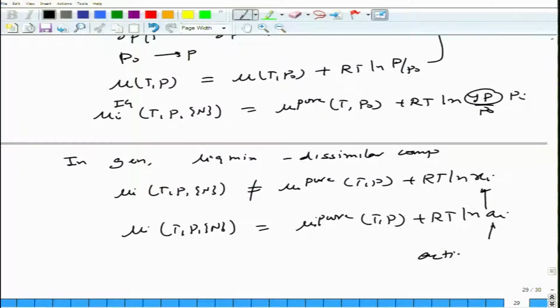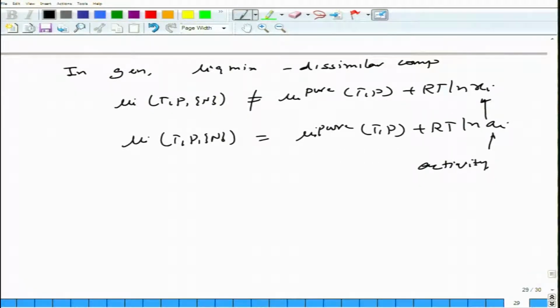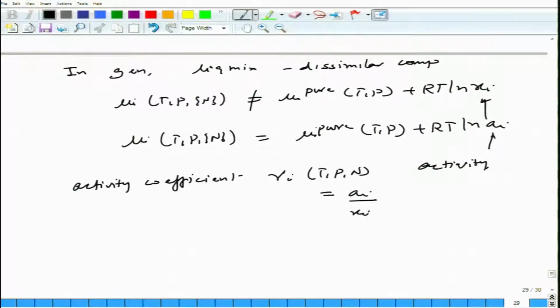So, if ai is the same as xi, it means basically an ideal solution. Remember, this x and y is our nomenclature, it just means composition. So, we defined the activity coefficient to make these differences clear, which is nothing but ai divided by xi. So, for an ideal mixture, gamma i is basically nothing but 1.